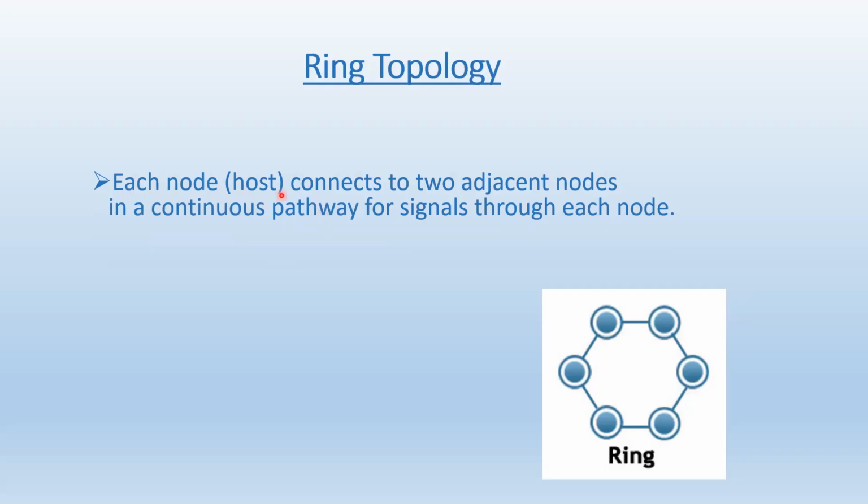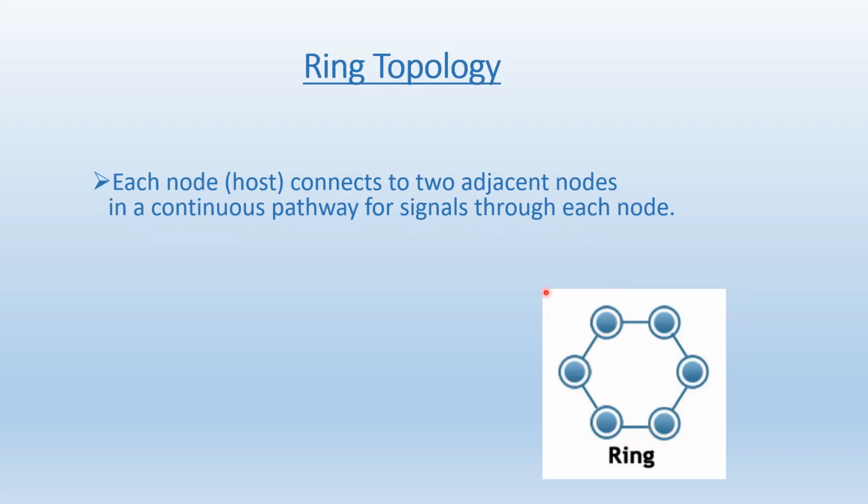So each node or host connects to two adjacent nodes in a continuous pathway for signals through each node. So let's say this is a PC and these are all PCs. They are connected like that in the ring type of topology.